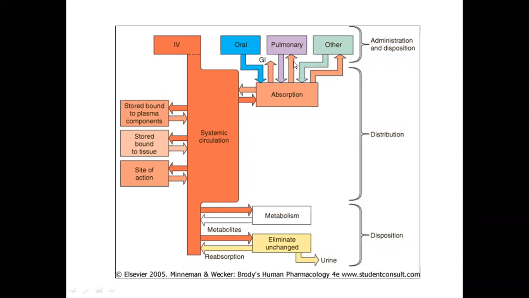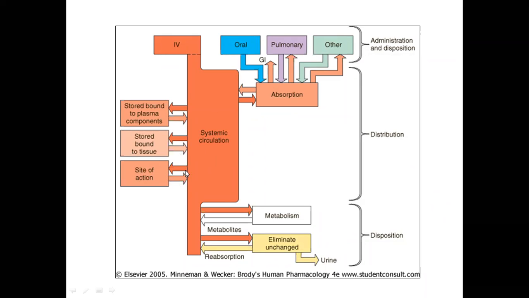So all this makes up the ADME parameters: absorption, distribution, and so on. Distribution means that once the drug is absorbed and available in the blood, it is distributed through the systemic circulation to the site of action, where it exerts its pharmacological action.